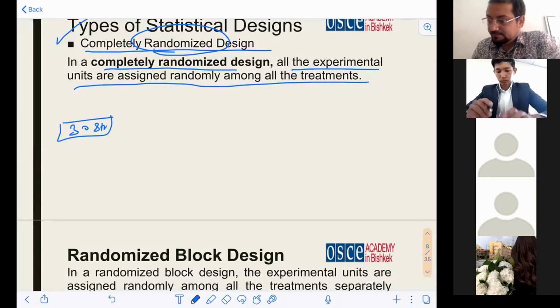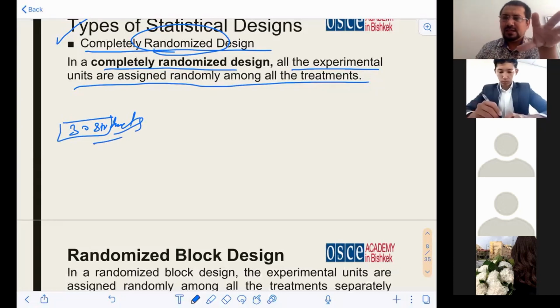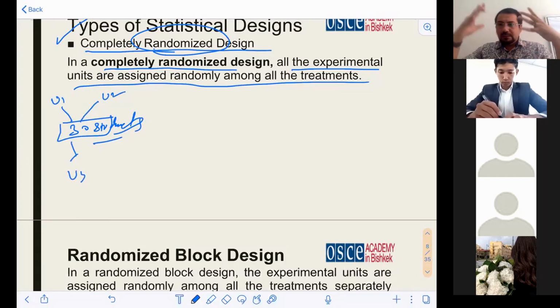I'm just writing here, you have 30 students, and these 30 students are coming from, it's up to you, either university 1, or university 2, or university 3. It all depends on you, but the wider your range is, the better. So let's say you choose these 30 students from three different universities, University 1, University 2, and University 3.